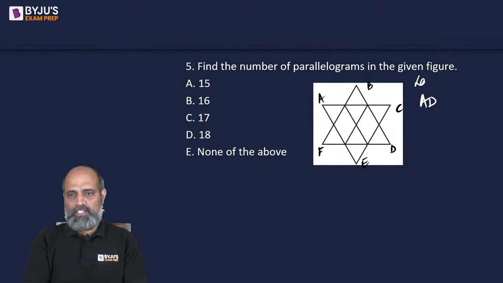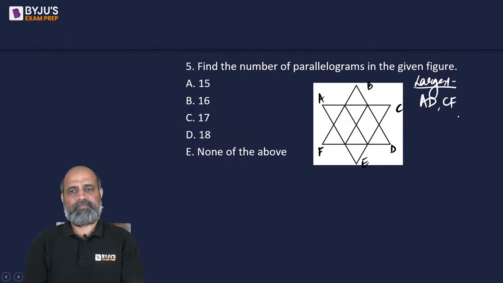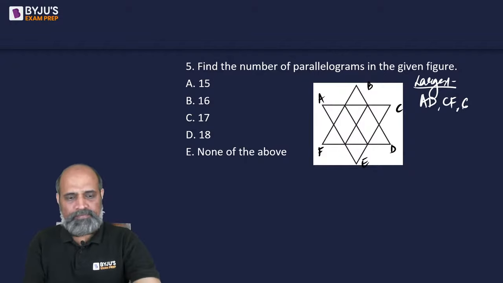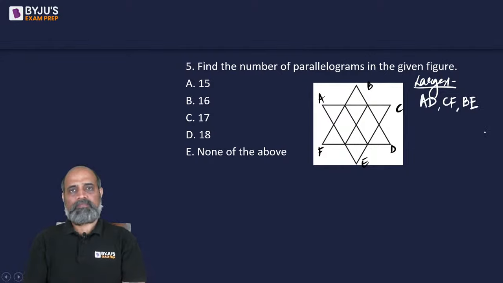So largest wale, which I can say contains, okay, there are triangles and parallelograms both. So एक AD हो गया. Similarly, which is the next one? Can I say CF? Right? Which is the next one? Can I say BE? देखो BE को देखो.